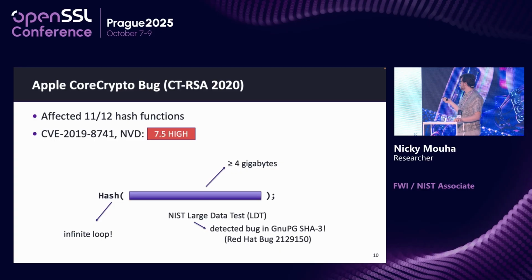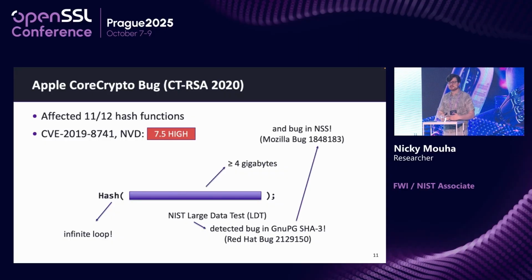And there was. For example, in a completely unrelated SHA-3 implementation used in GnuPG, the open source PGP, a failure of the NIST Large Data Test was found. Here I give the Red Hat bug ID. But also in NSS, Netscape Security Services, the cryptography behind Firefox, a failure was found as well, processing large inputs.